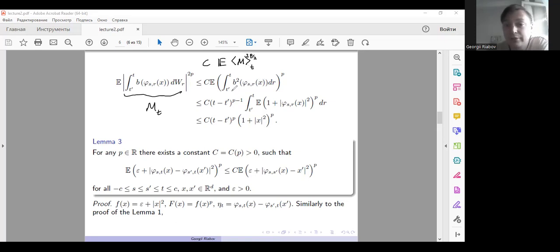The quadratic variation is equal to the integral of b squared. So we get an estimate like the expectation of the integral of b squared to the power p.